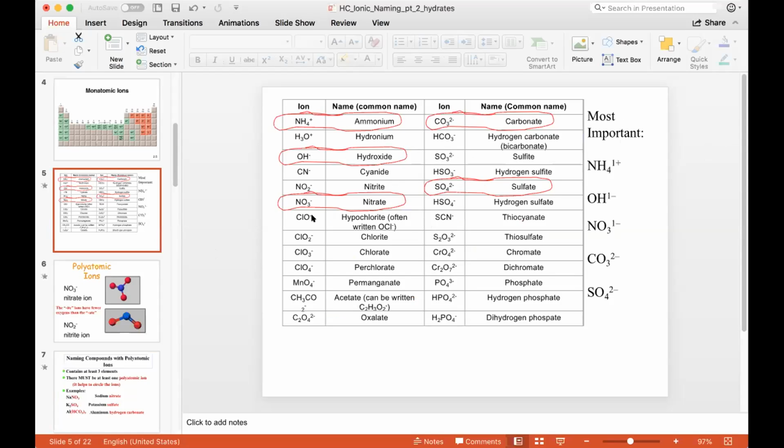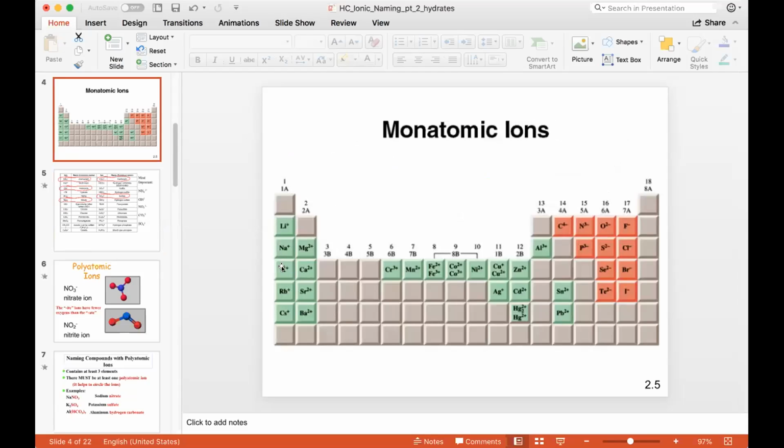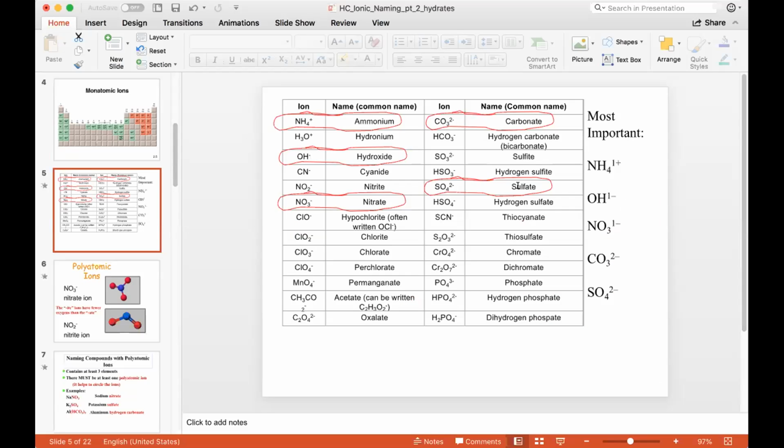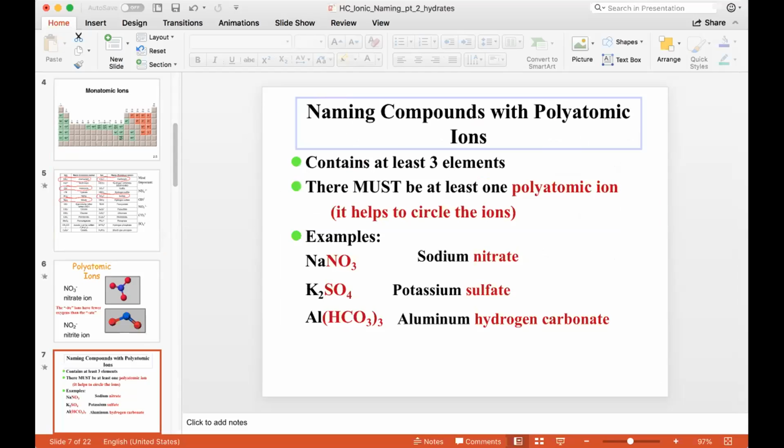So what happens is potassium, which is right here on the periodic table with a charge of 1+, gets together with the sulfate anion and becomes potassium sulfate. So you have potassium and the sulfate anion, and the name is just potassium sulfate. The metal stays with its regular name, and the anion name comes from the anion chart.